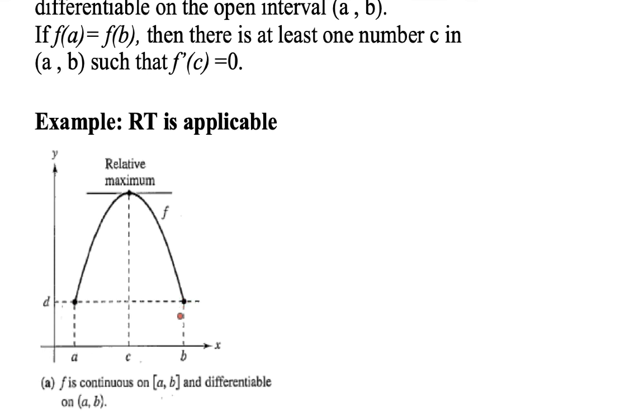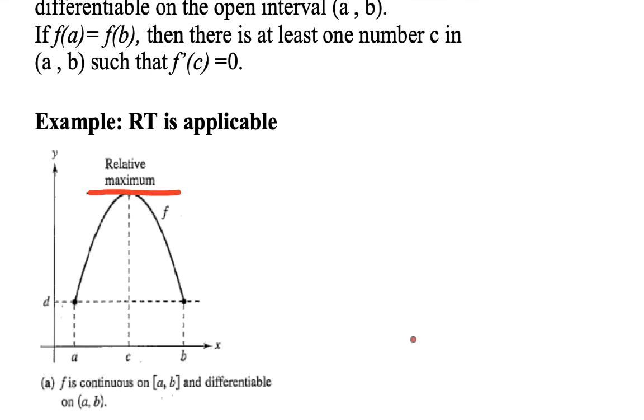So Rolle's theorem's conditions are applicable, and hence there will exist at least one c over here such that the function derivative is 0. So clearly this conveys the fact that f prime of c is 0.